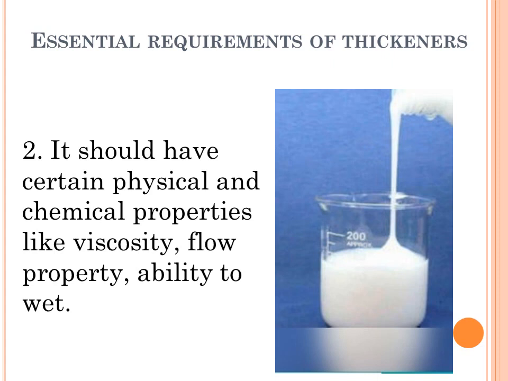It should have proper flow property so that its transfer from the screen or the medium to the fabric is proper, and it should wet the surface properly so that the dye particles get properly adhered to the textile substrate. So these physical and chemical properties carry importance in the case of a thickener. If these properties are hampered, we cannot have uniformity in the application of the print paste.